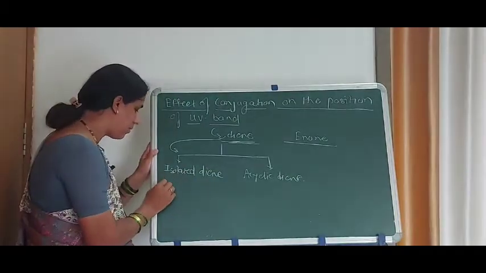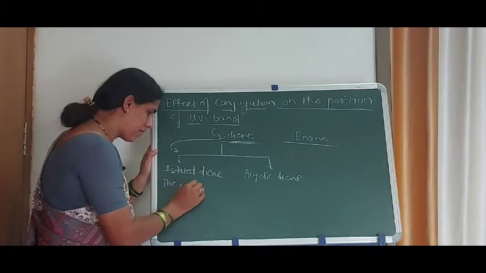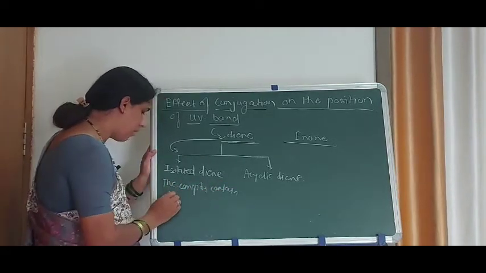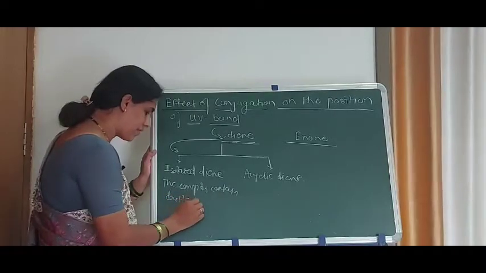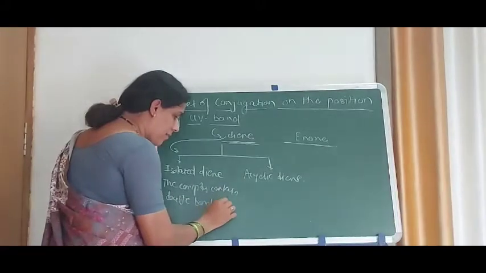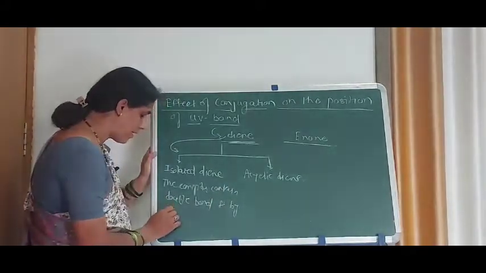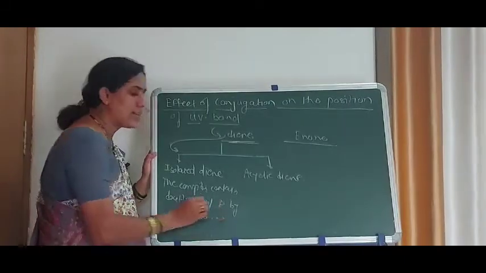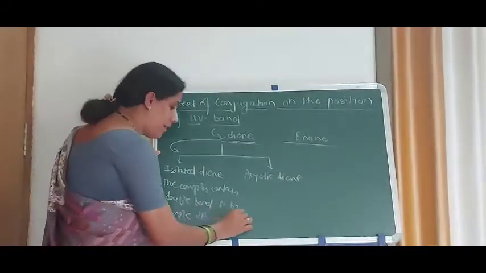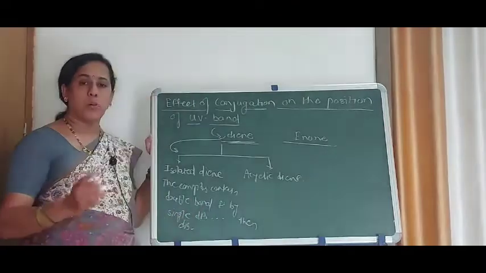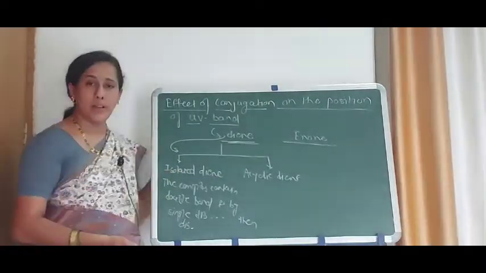Compounds containing a double bond followed by a single bond, again a double bond, again a single bond and then a double bond. Such a compound is known as an isolated diene.